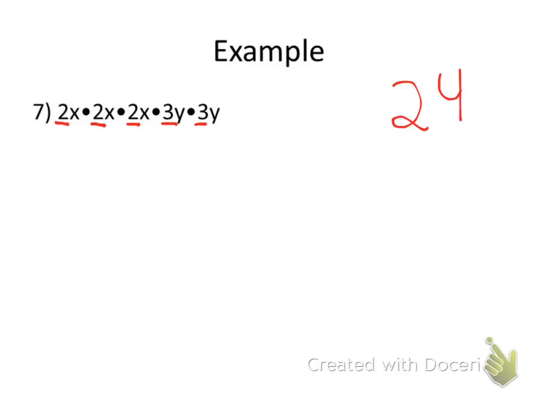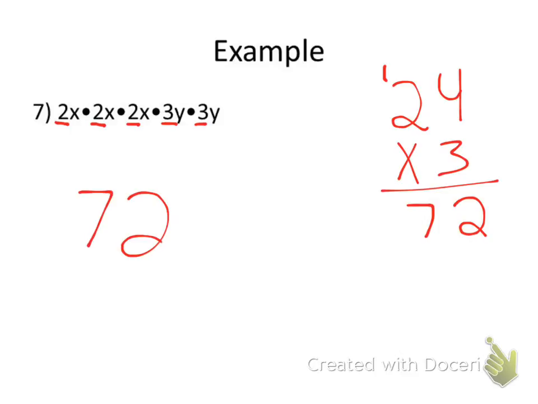You might need to do this one off to the side if you didn't grab a calculator. 72. So in the front, I have a 72. All I did was multiply the regular old numbers in the front. Using a calculator if you want, using your head if you want, using a piece of scratch paper if you want. However you get your multiplication answers, do it with the numbers in the front.